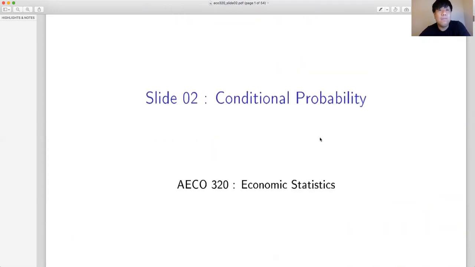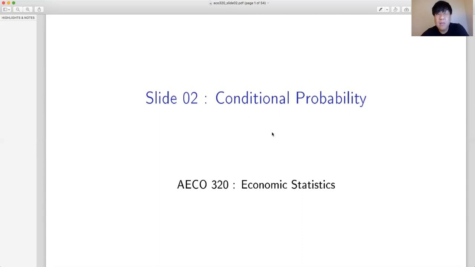So this second chapter is about conditional probability. As you can imagine from the term conditional, it's basically conditioning on something. What is the probability of this? For example, based on the first lecture's example, conditioning on somebody living in the South region, what is the probability that somebody is female or male?